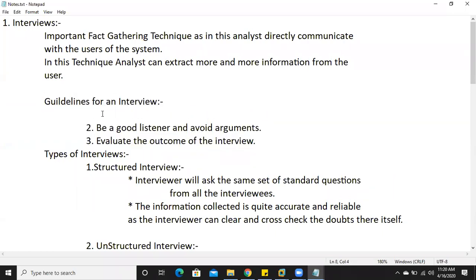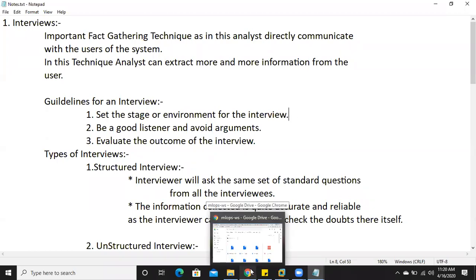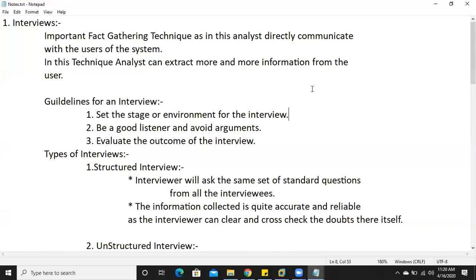First, we have to set an environment for the interview. It is the most important factor if you are going to take an interview. First you have to set up a positive environment, and the environment must be very formal.